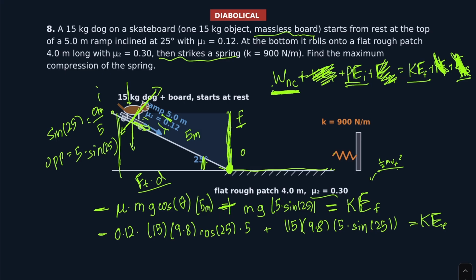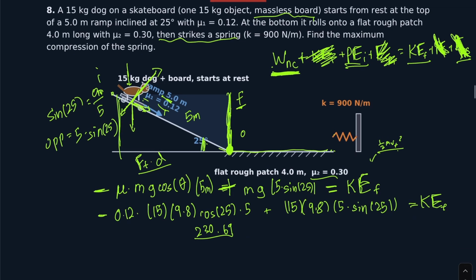Yeah, 230 point, I always round to 2 digits, it's just a habit, so that's what I'm going to round to here. 230.69 joules.